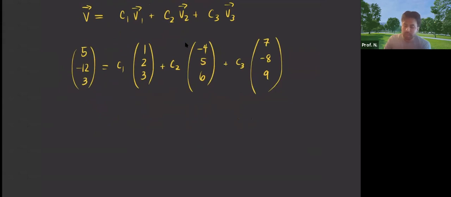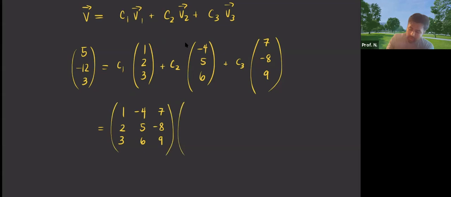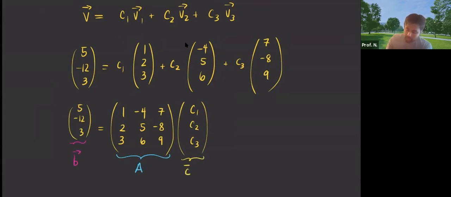It's a vector equation, but I can rewrite it as a matrix equation. These column vectors become the columns of my coefficient matrix, then the column vector c1, c2, c3, and I have this (5, -12, 3), my B vector. This is my A matrix, and I'm going to call this my column vector C.